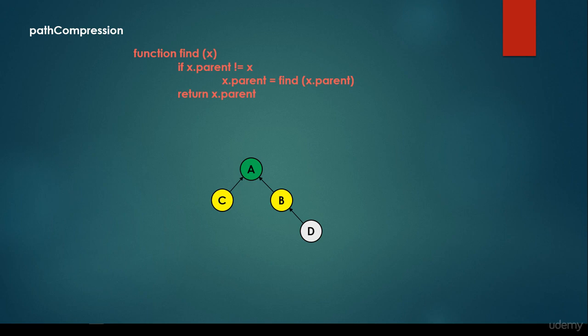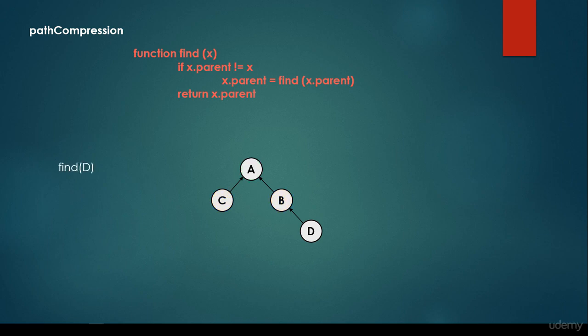Why is it good? Because the next time I'm looking for the C, I can find it very easily and I can return the representative. It's very important to know that whenever I call this find on C or B or D, all of them will return the representative, because this is how disjoint sets work. Whenever I call the find method on an item, it's going to return not the value of the item, but the value of the representative, so basically the root node in this case.